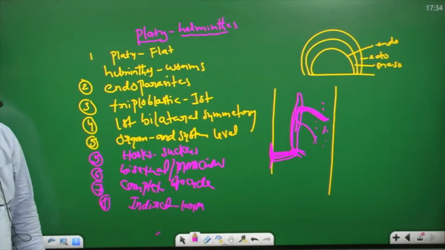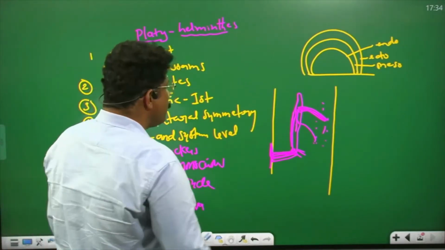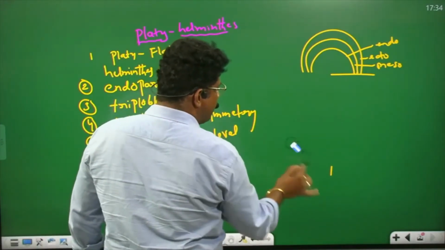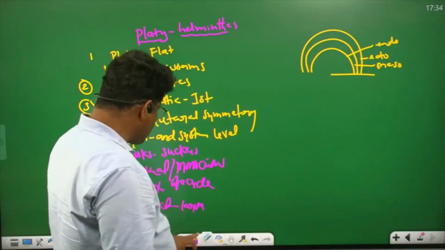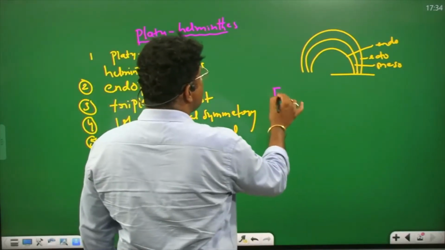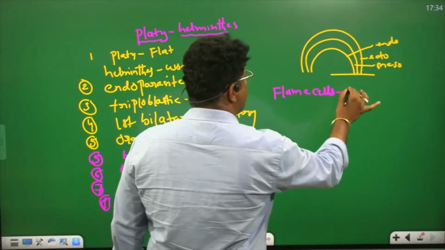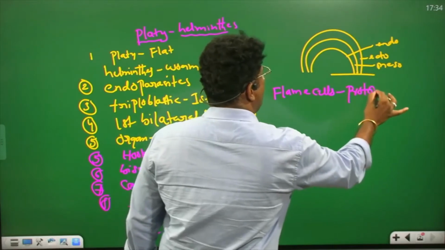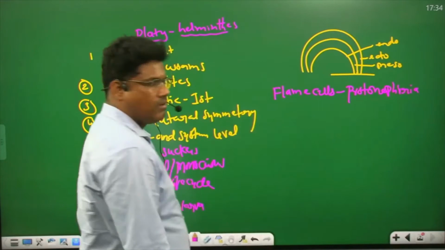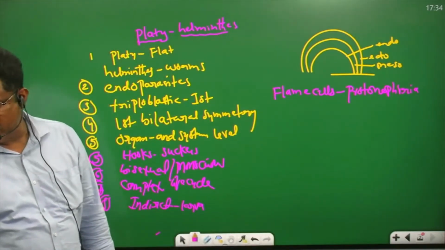You understand? For example, in platyhelminthes, for the first time flame cells, or protonephridia, are formed.